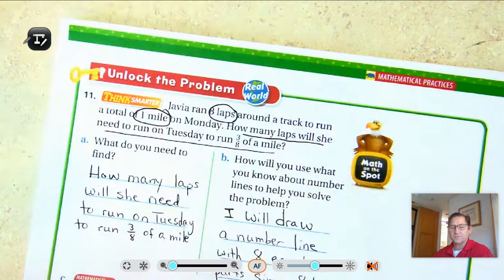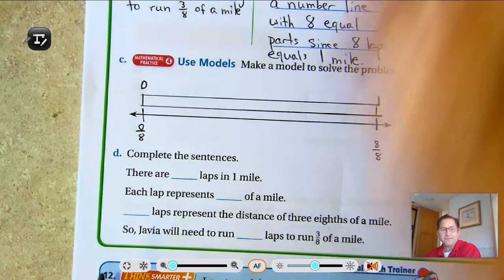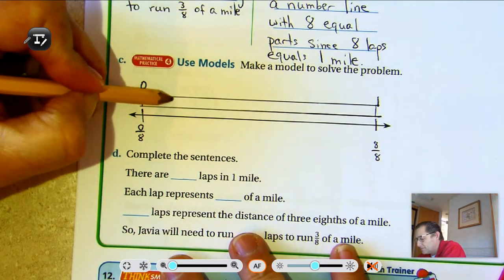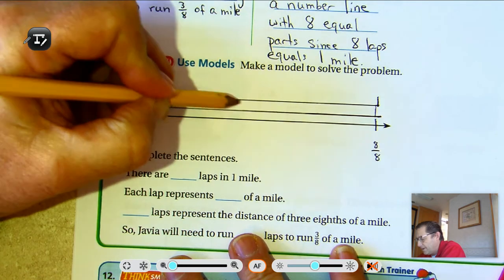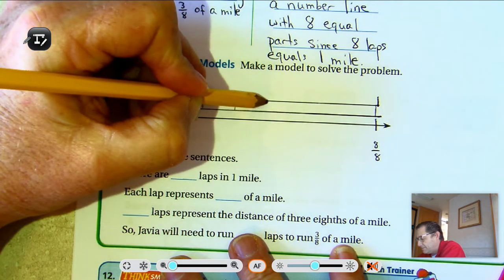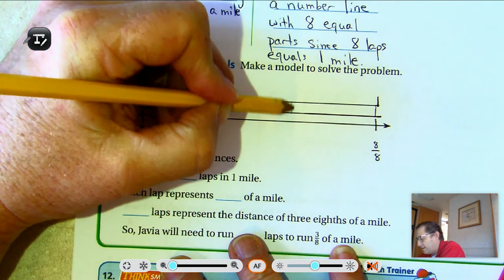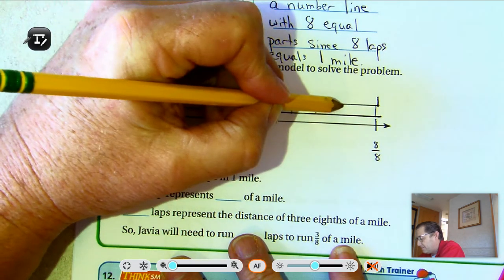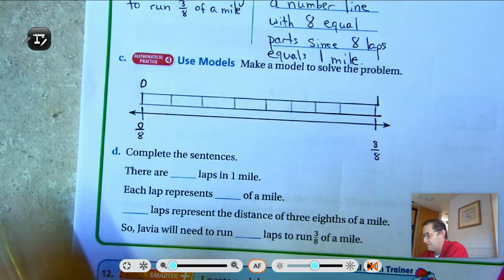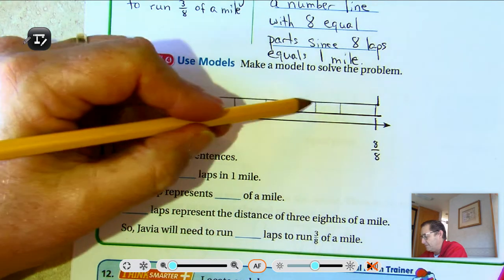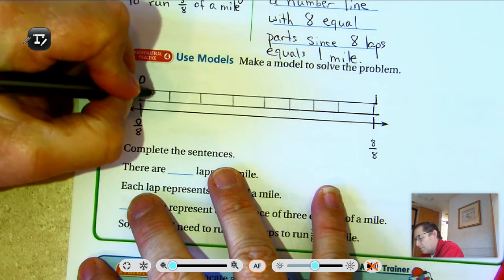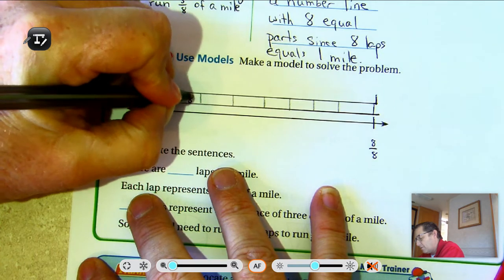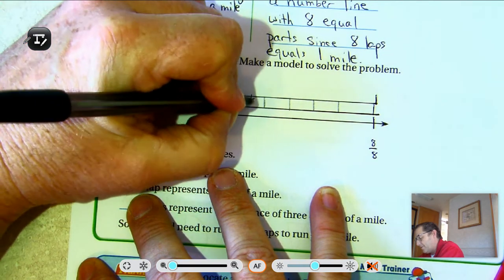I'm going to draw with pencil first, so if I make a mistake, I can erase it. Let's call that 1/8, 2/8, 3/8, 4/8, 5/8, 6/8, 7/8, 8/8. 1, 2, 3, 4, 5, 6, 7, 8. It's pretty close. All right, so if that's 1/8, all of these parts are 1/8.